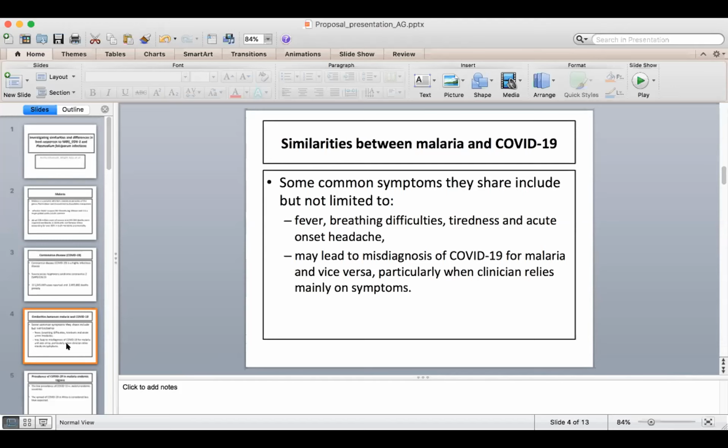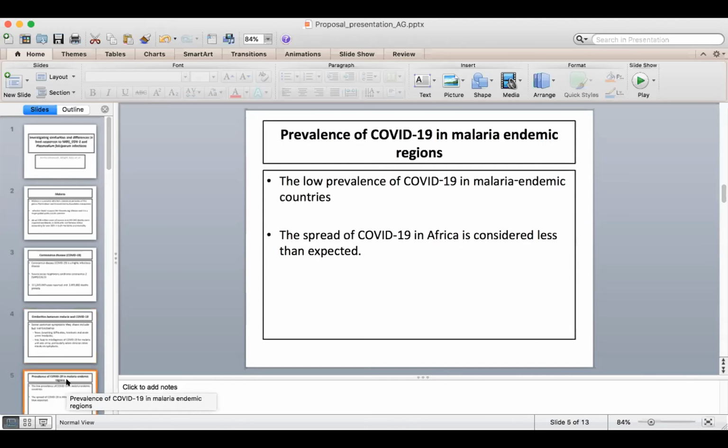This is particularly seen where a lot of malaria diagnosis relies on just the symptoms. I can speak for Ghana and a lot of African countries: we self-diagnose and go to pharmacies and get our treatment based on these symptoms. So it's very likely that we have missed a lot of COVID-19.